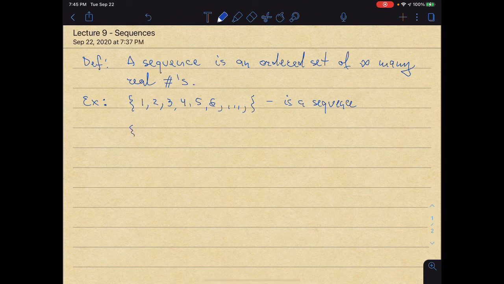Something like that. 2, 1, 3, 4, 5, 6, etc. is also a sequence.